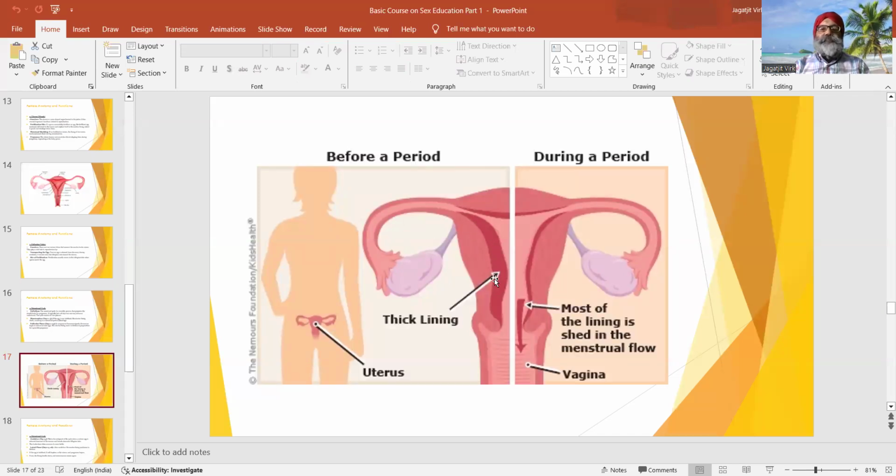This is a preparation of the endometrium for receiving a fertilized ovum, and this is during a period when there is no pregnancy. Most of the lining is shed in the menstrual flow like this.